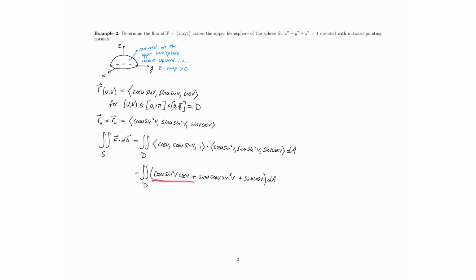So this first term here, we have a single u term. So in this integral here, for this one term right here, this will be the integral from 0 to 2 pi cosine of u du, which is 0 for the same reason. We've got cosine, right?